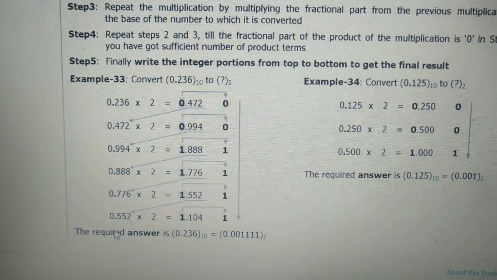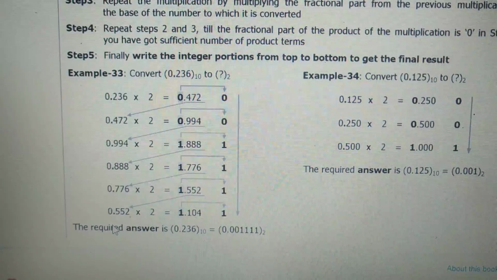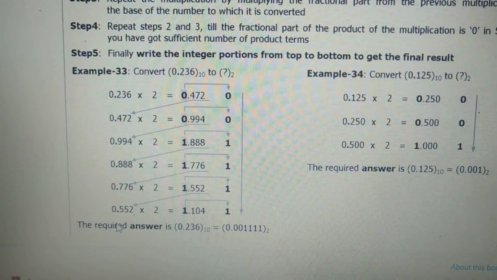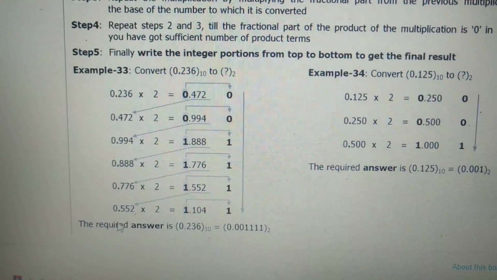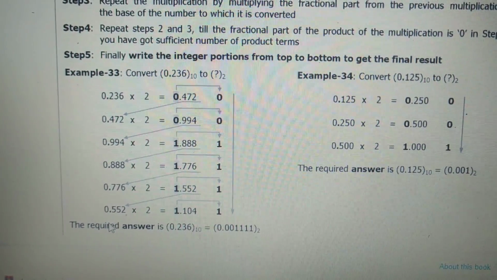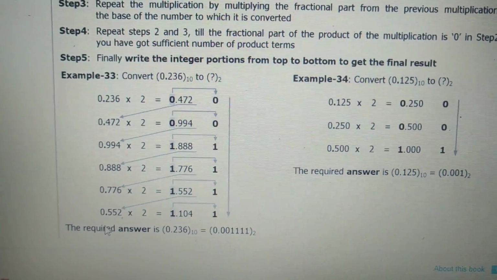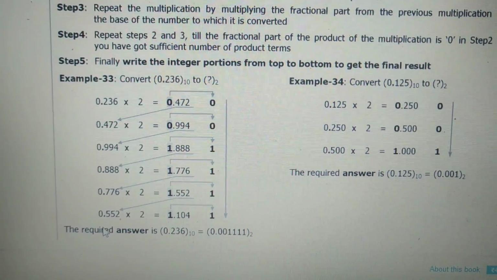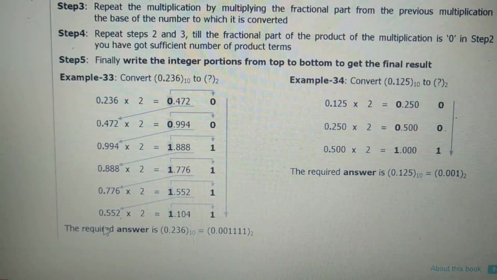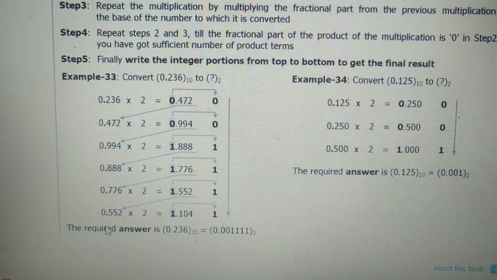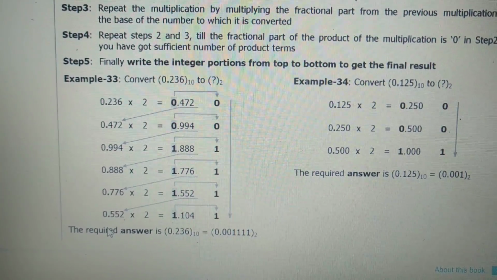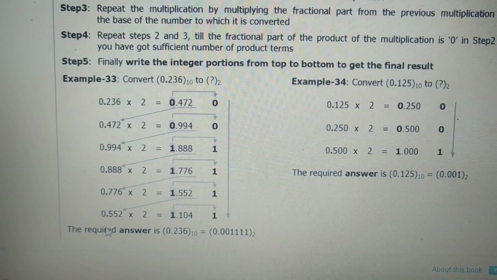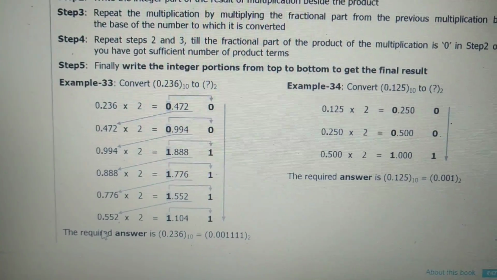We can continue, but after the point we have evaluated 6 steps: 0, 0, 1, 1, 1, 1. That is more than enough. We don't need to go further with this multiplication, because though we have not achieved the 0 value, we have achieved 6 places after the point, so it is enough for the conversion.